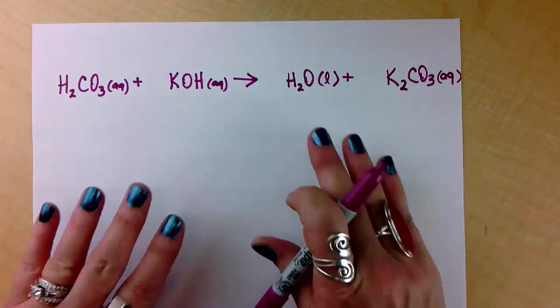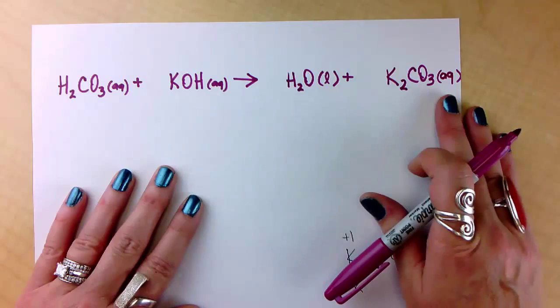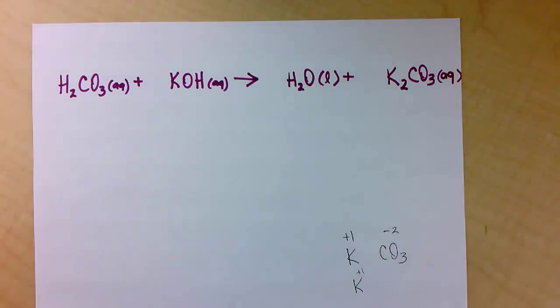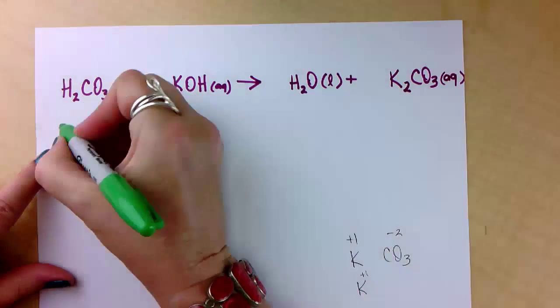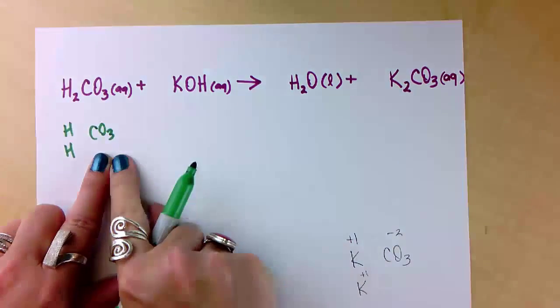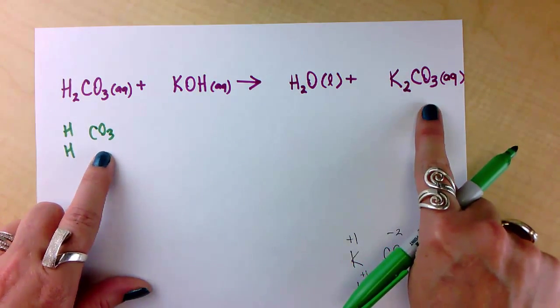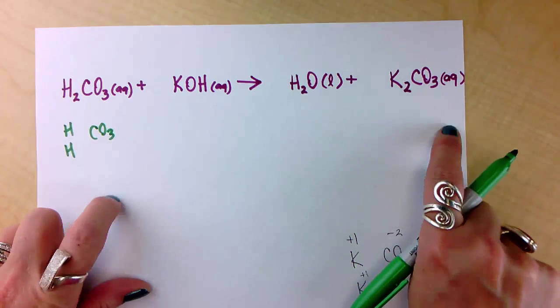Now we have written our proper formulas. We have also written our states. So we are ready to do the last thing that we always do when we're writing products, and that is to balance. Balancing is always last. I have two H's and I have one CO3 group. Because CO3 is on both sides, I'm going to balance it as a group, not as C and 3 O's.